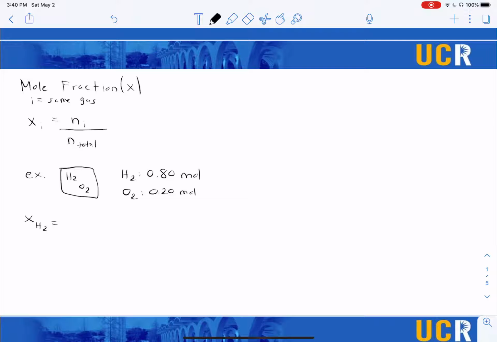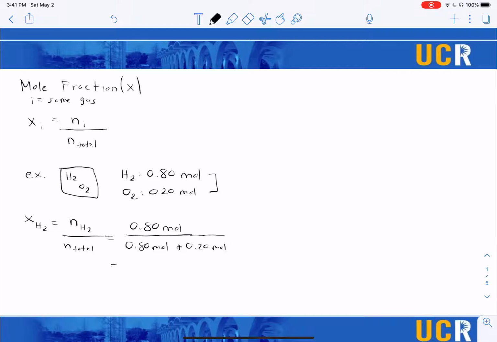We would take the moles of H2 divided by the moles of the total gas. So that'd be equal to 0.8 moles divided by the total, which is just adding these two together, 0.8 moles plus 0.2 moles.